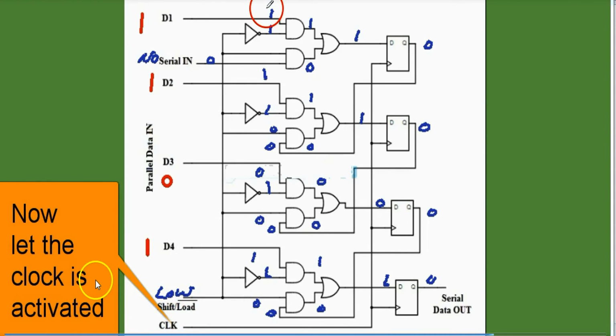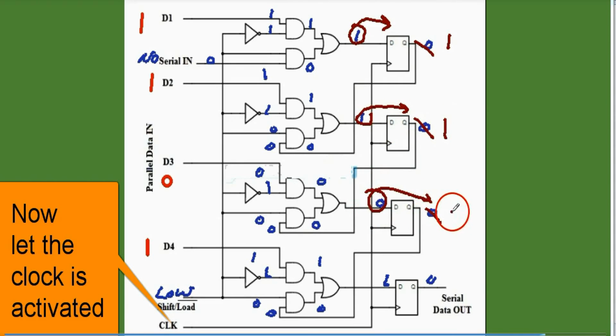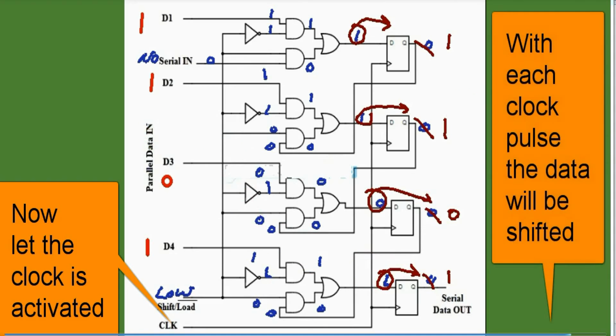Now let's say the clock pulse is activated. When the clock pulse is activated, the data at the input will be transferred to the output of the flip-flops. So the data 1101 which was present here is now at the output of the register, 1101.